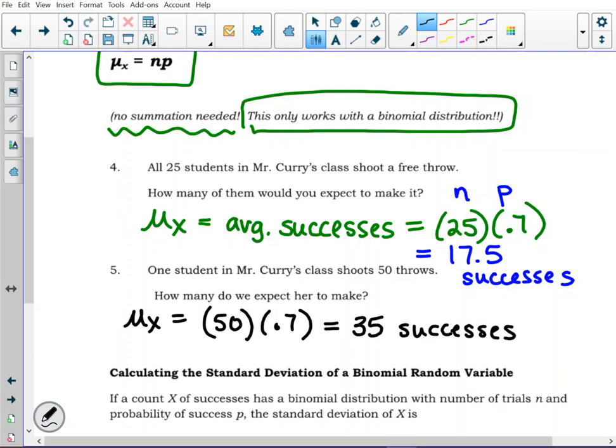Now, we know human nature isn't that predictable, even though her shooting average is about 70%. Making a bunch in a row can give you more confidence. Missing a bunch in a row can cost you confidence, bless you. So theoretically, each shot is independent in a perfect world, in a non-human world.